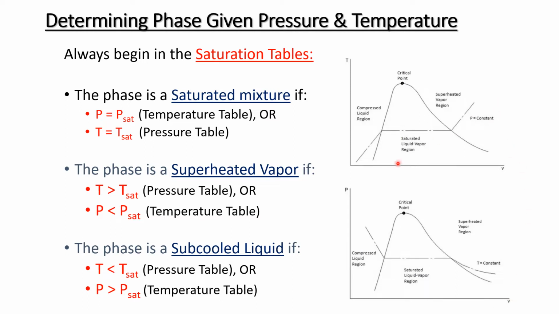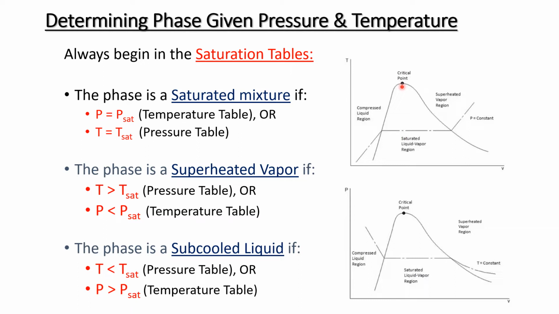And each of these diagrams has what we call a vapor dome. So this is the vapor dome on the Tv diagram. It's just a big dome, looks something like this, and we have the same dome on a Pv diagram. At the very top of the vapor dome is the critical point, which we will talk about shortly.